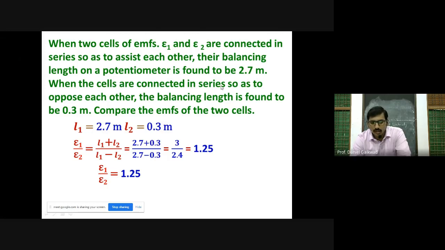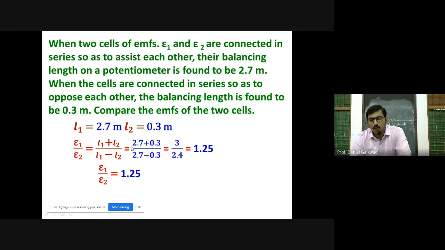Now when cells are connected in series so as to oppose each other, oppose means we have to subtract EMF, and in that case balancing length is found to be 0.3 meter. And in that case we have to compare the two cells. So L1 is equal to 2.7 meter, L2 is equal to 0.3 meter. And we have the formula from the comparison of EMF method number 2: E1 upon E2 is equal to L1 plus L2 divided by L1 minus L2.